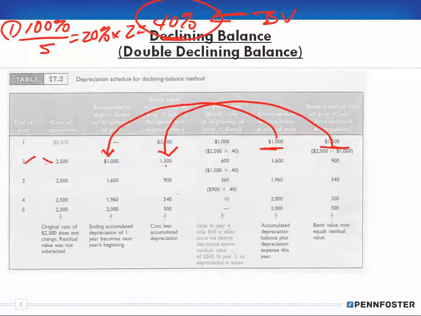Since my book value was $1,500 at the end of year 1, I'm going to do the same thing I did for year 1 and multiply the new book value of $1,500 by the 40%. That's where you see this illustration of the math here. So that gives me a depreciation for the year of $600.